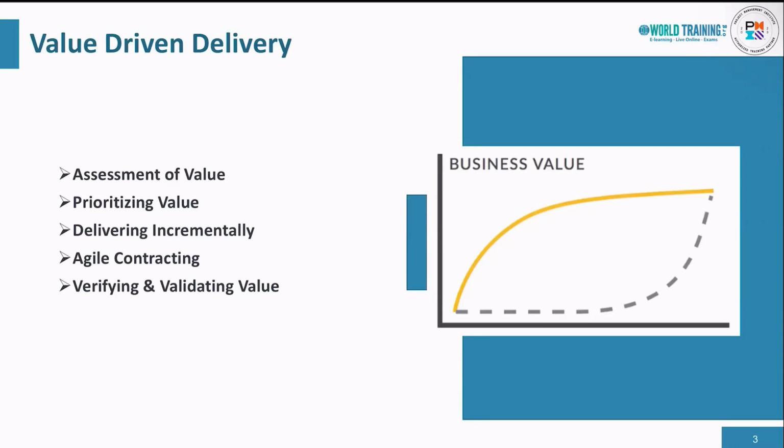We will also be covering return on investment, net present value, internal rate of return, and other financial indicators. In the end, we will cover what value-driven delivery is and how work in progress limits help in delivering value to the customer.